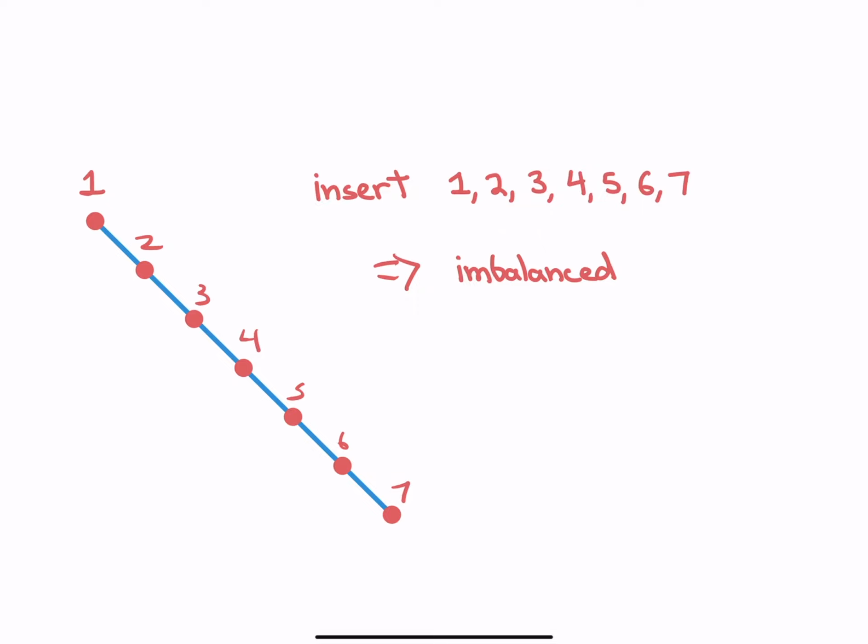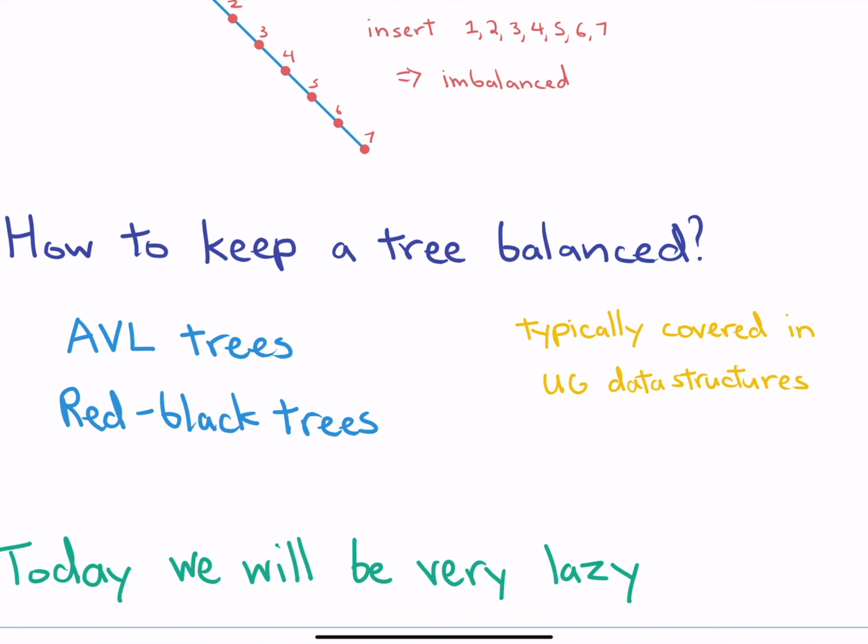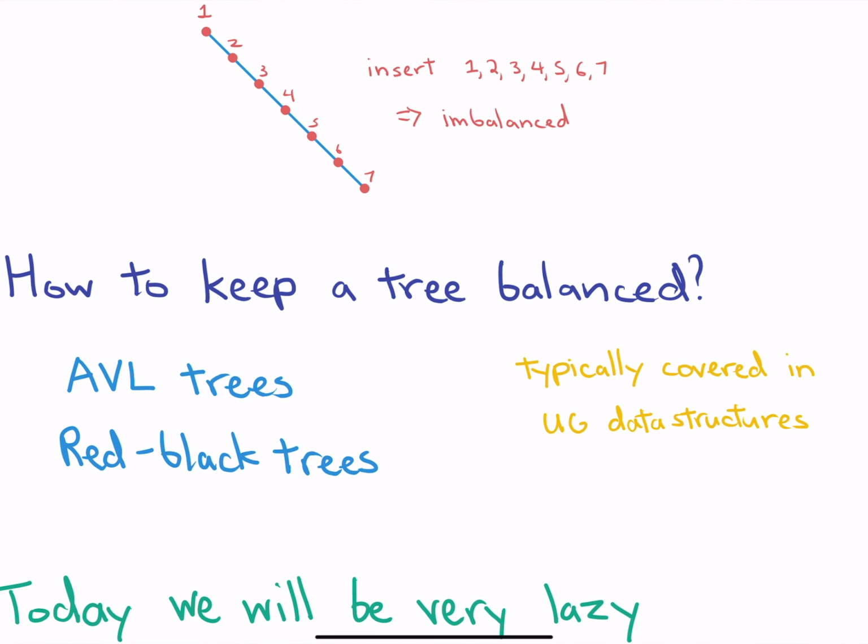There are all these really clever data structures that I'm sure some of you might have studied. Did you ever do AVL trees? Red-black trees? All I remember is that they were very subtle.